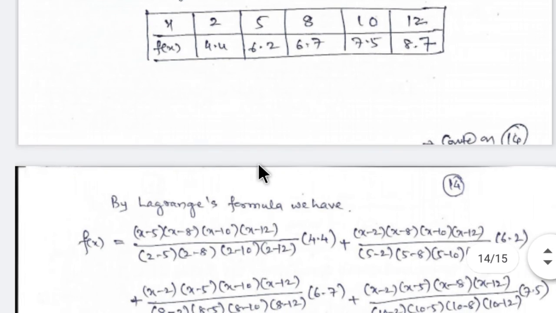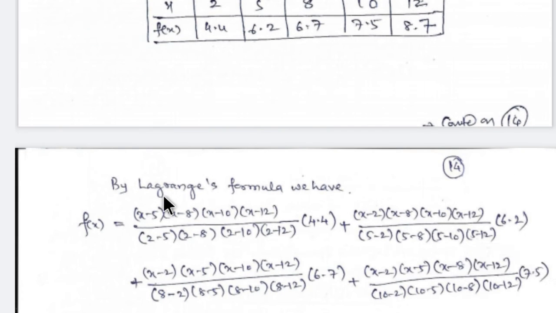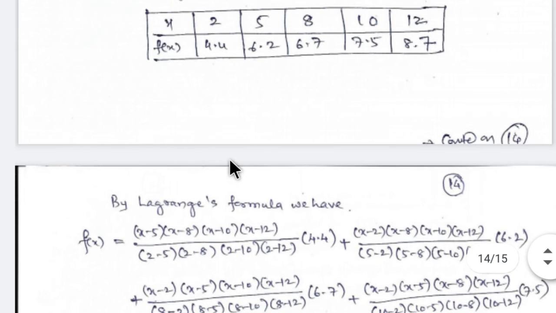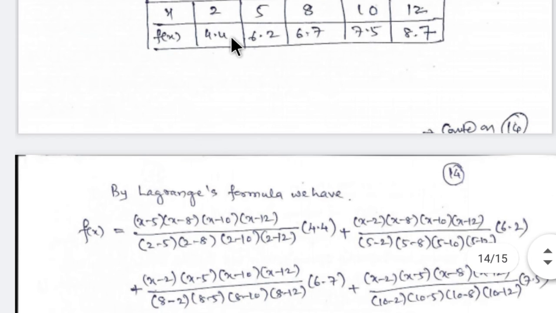Okay. Then by Lagrange's formula we have, you know that this is x naught, x1, x2, x3, x4. This is f of x naught or y naught. y naught equal to 4.4, y1 equal to 6.2, y2 is 6.7, y3 is 7.5, y4 is 8.7. Okay.